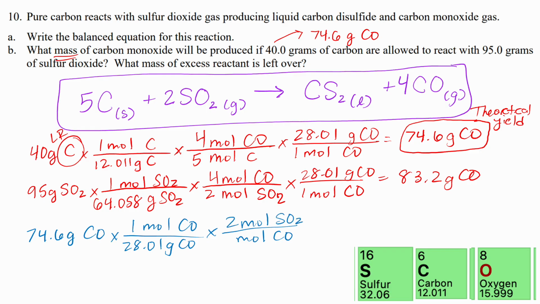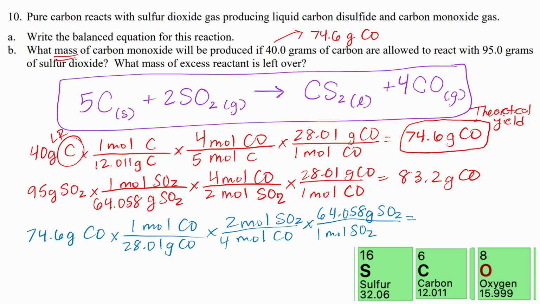These numbers come from the balanced chemical equation. And then finally, I want to get that in grams. So 1 mole of SO2 is equal to 64.058 grams of SO2.